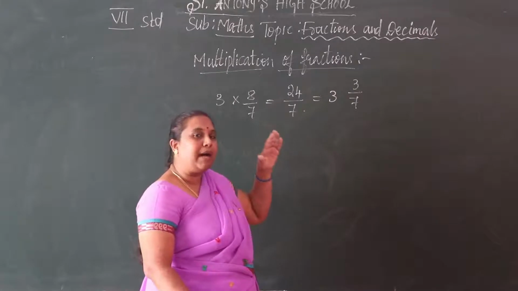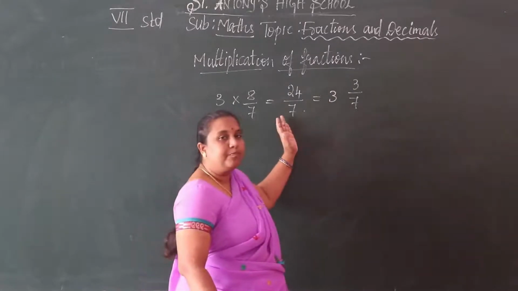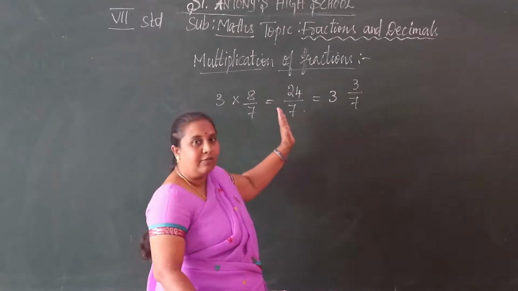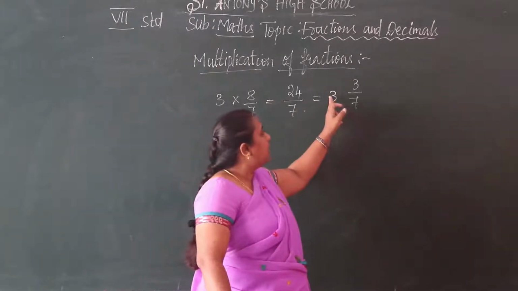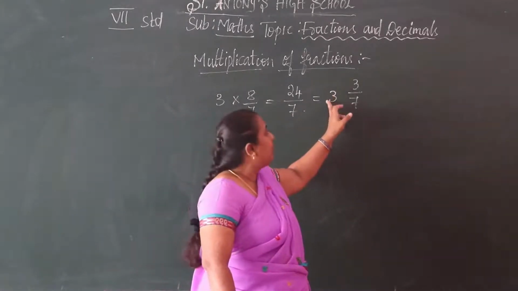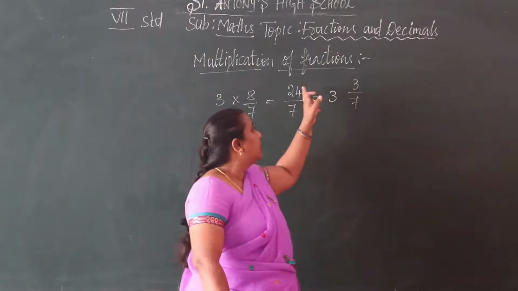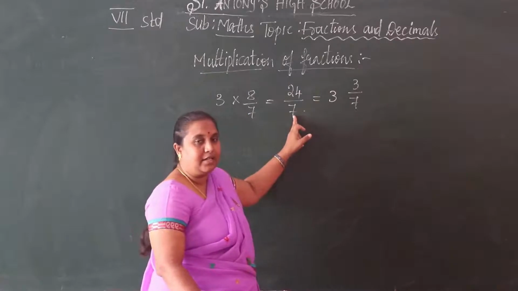So we have the same improper fractional form. That is 7 3s are 21 plus 3, 21 plus 3, 24 by 7. Understood, children?